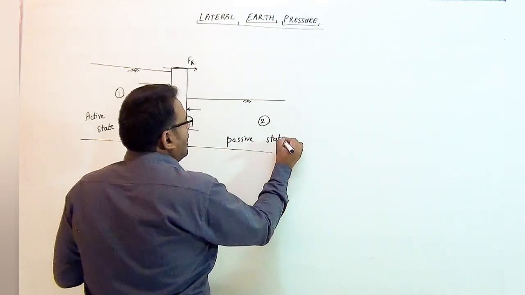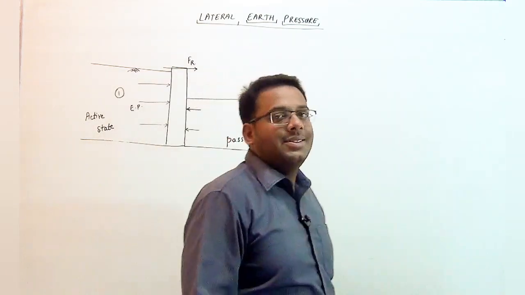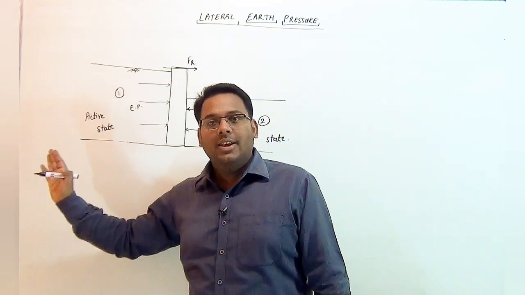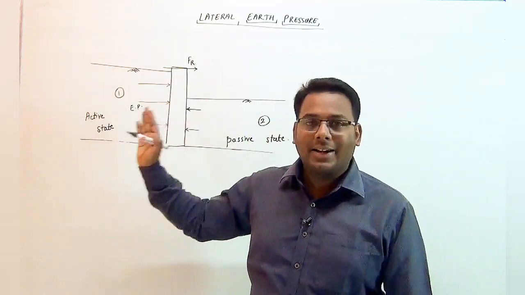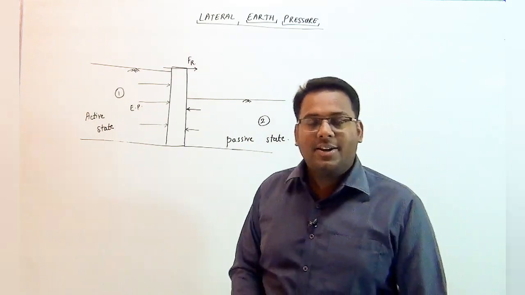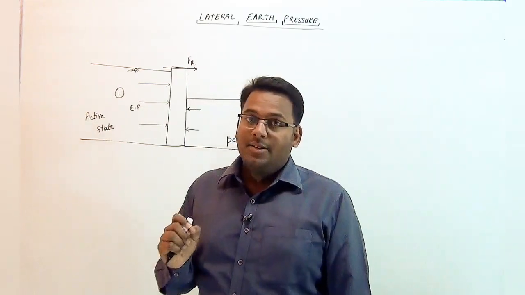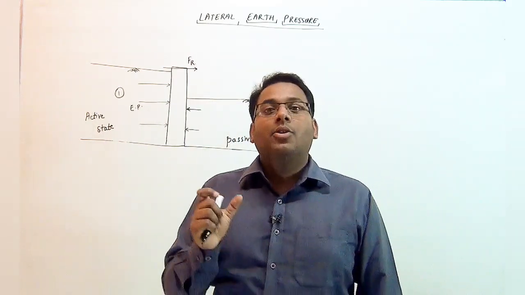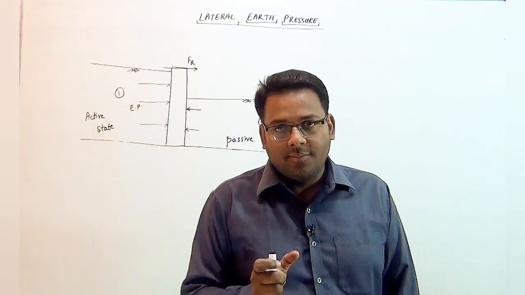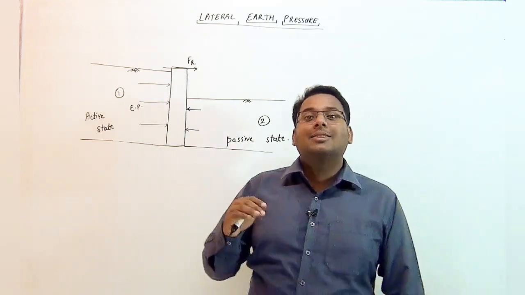I hope you got the reason why these soils are given these names. One soil is given the name active soil, or in active state, whereas this soil is said to be in passive state. But remember here that any particular soil is not inherently active or passive. That depends upon its condition.